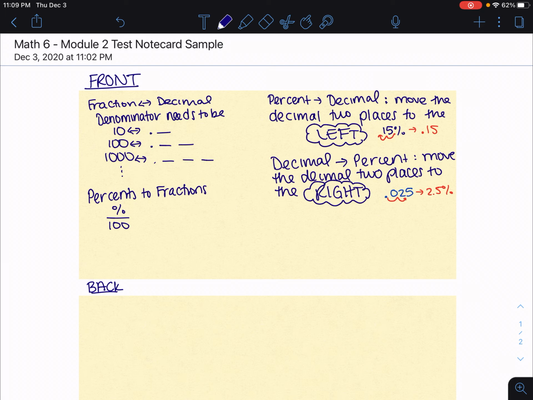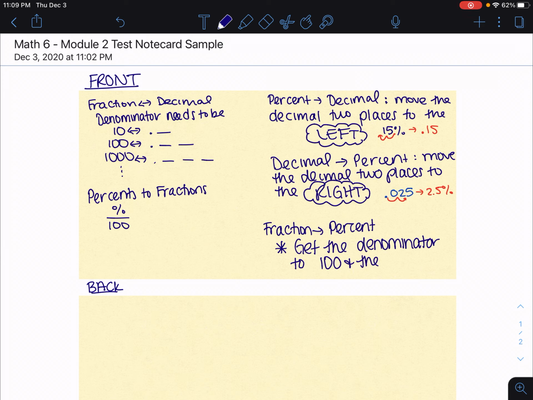If I want to go from a fraction to a percent, I want to get the denominator to 100, and the numerator is the percent.